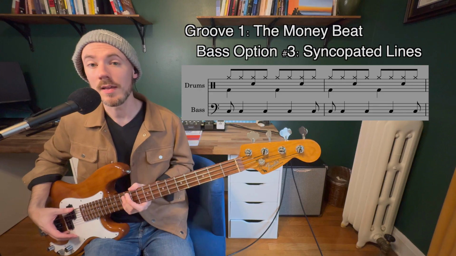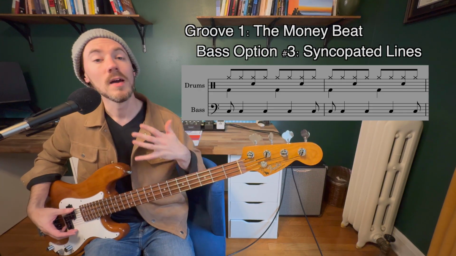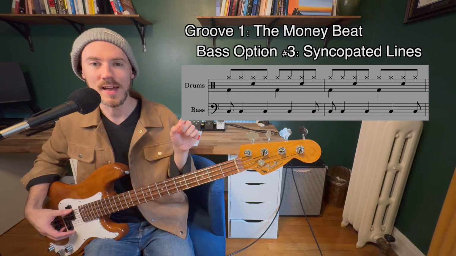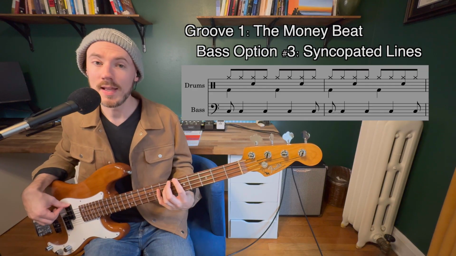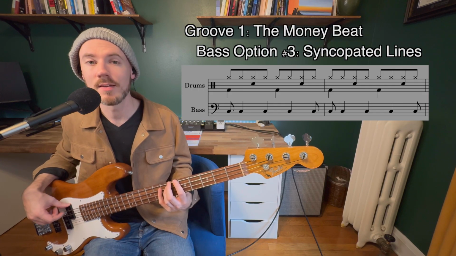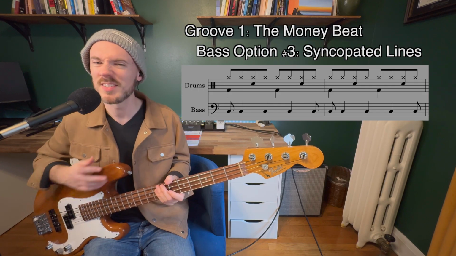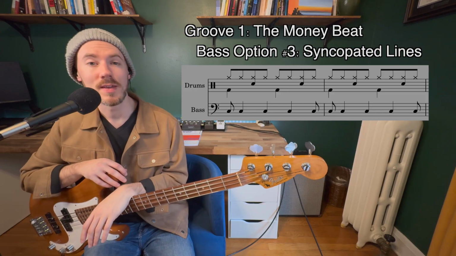So if we're counting eighth notes, 1 and 2 and 3 and 4 and, we're talking about rhythms that hit the and more often than the numbers. Let's check out an example and then I'll say a few more things.